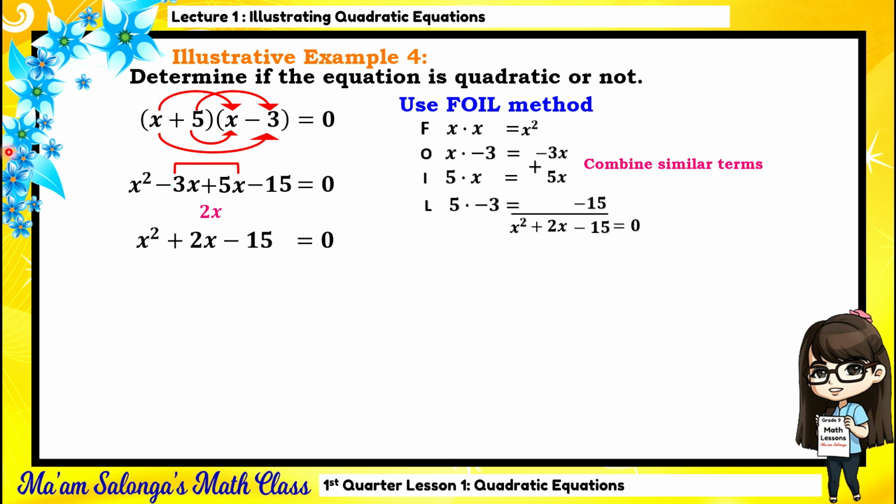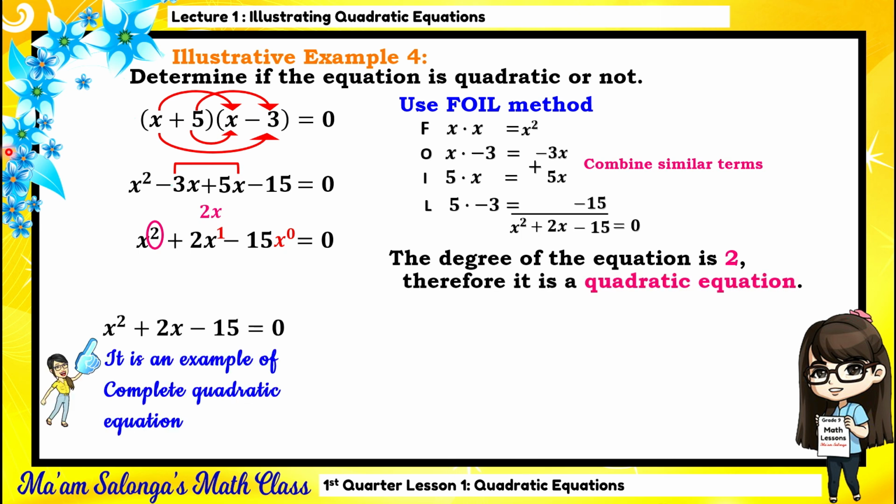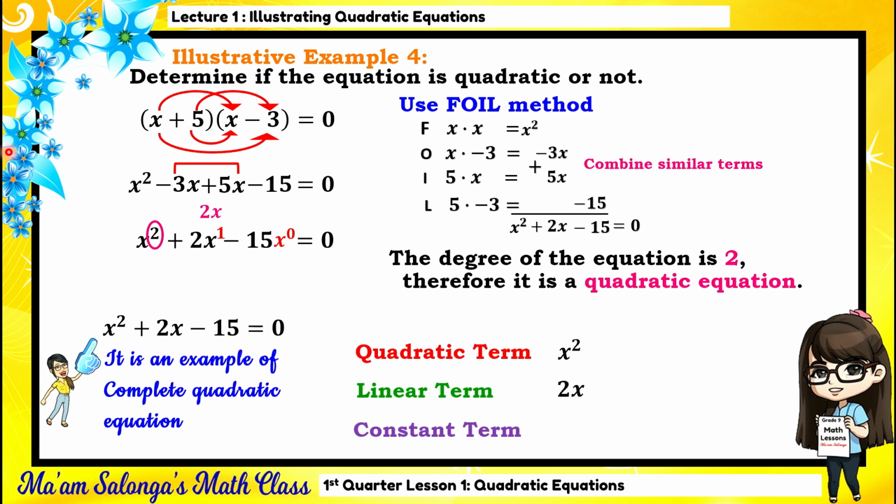Again, we need to inspect the exponents. So we have 2, we have 1, and we have 0. And since the degree is 2, therefore it is a quadratic equation. Now, we can identify the terms of the equation. The quadratic term is x squared, the linear term is 8x, and the constant term is 15.